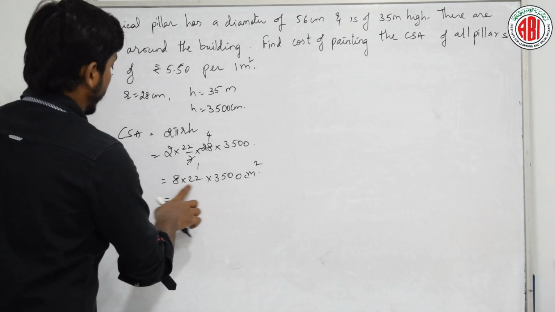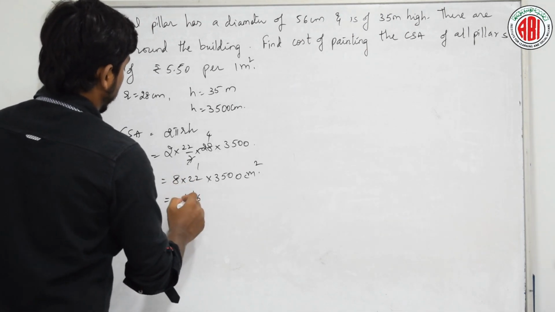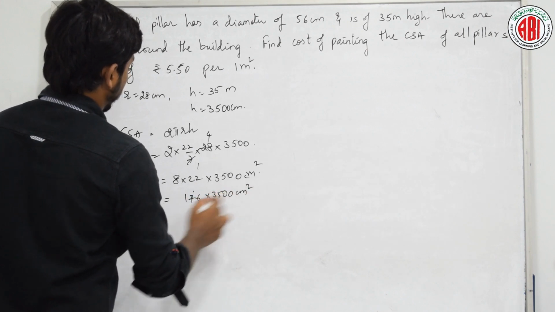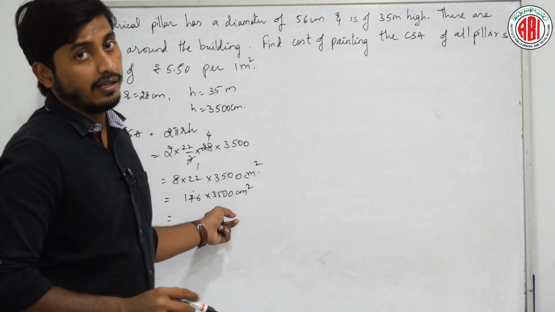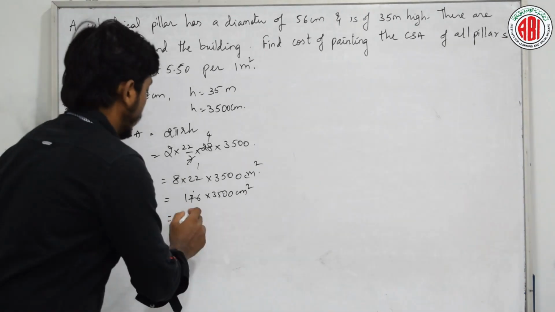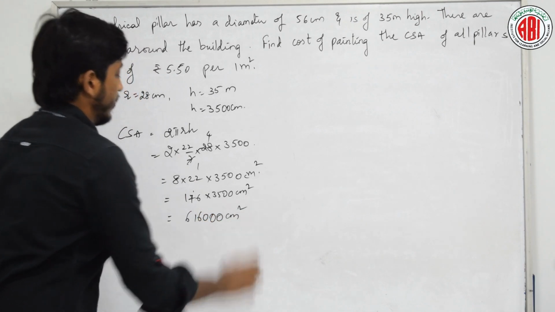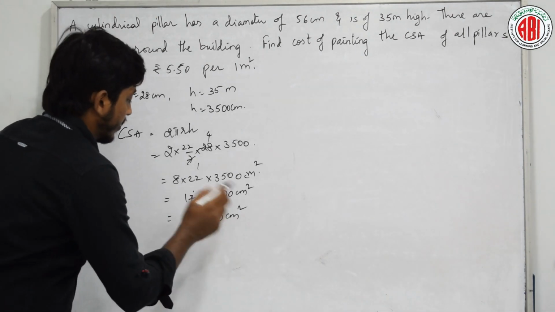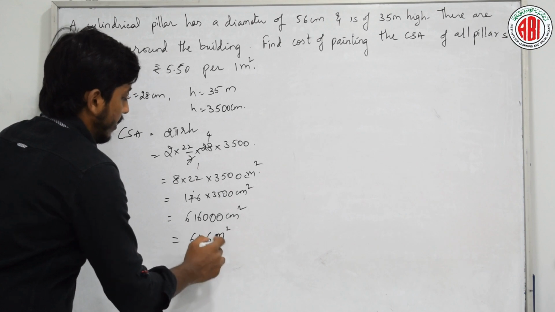Let us multiply everything first. 22 into 8, how much is it? 8 twos are 16. 176 into 3500 centimeter square. Now tell me, 176 into 35, how much is it? 6160 centimeter square. To convert it to meter square, we have to divide it by 10,000, therefore that will become 61.6 meter square.